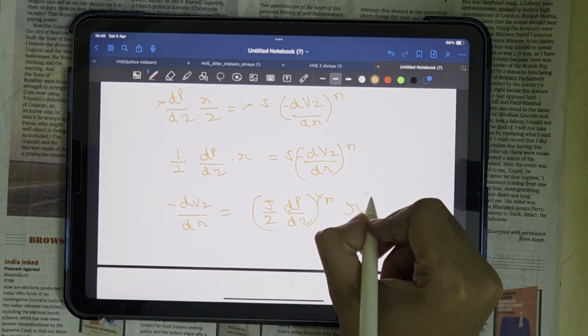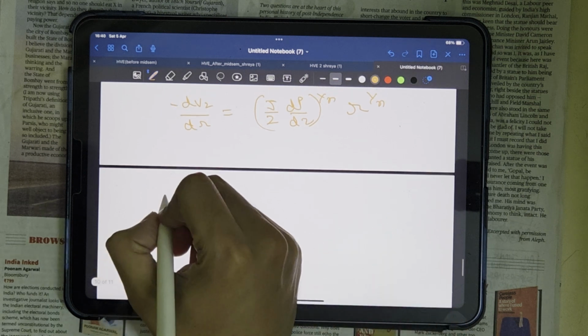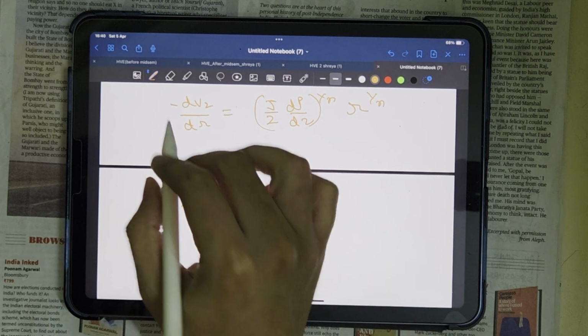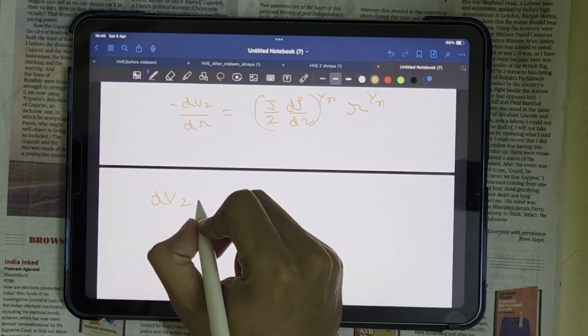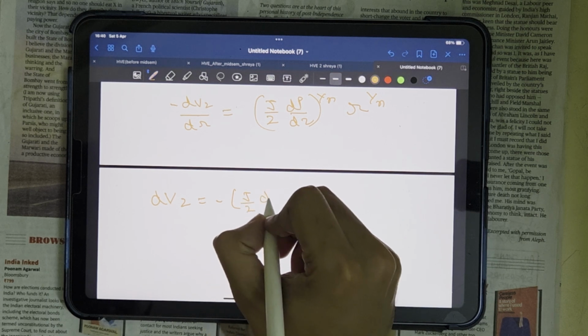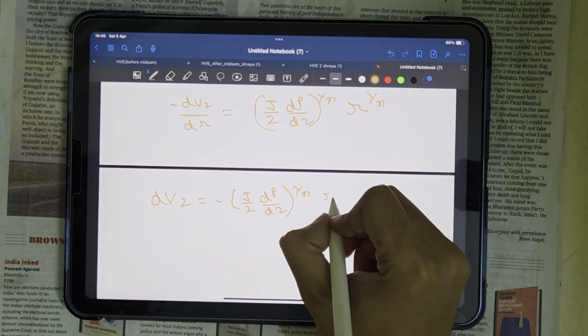From here we can write dvz is equals to minus j by 2 dp by dz whole power 1 by n r to the power 1 by n dr. Now we will integrate this equation.